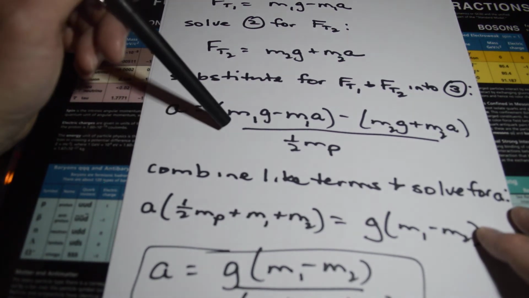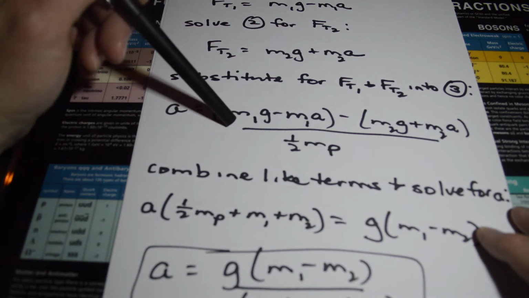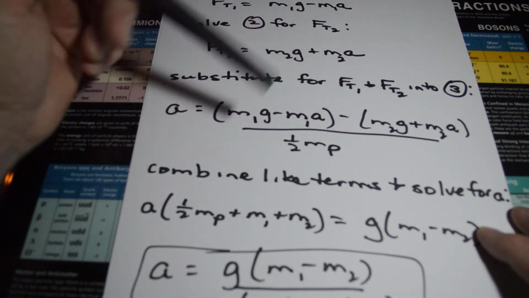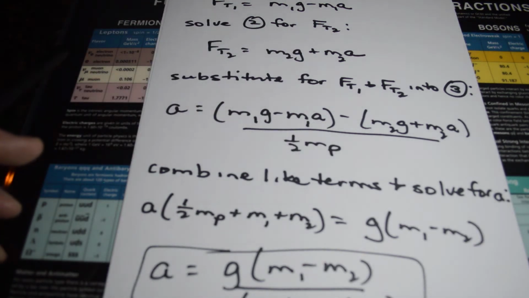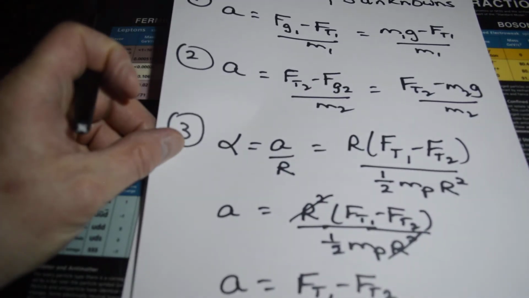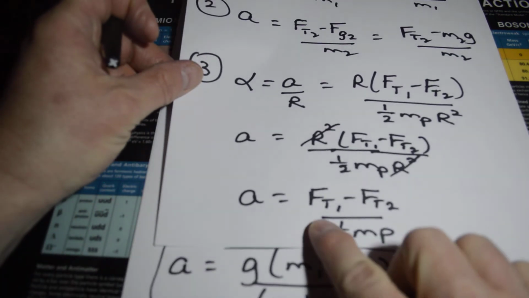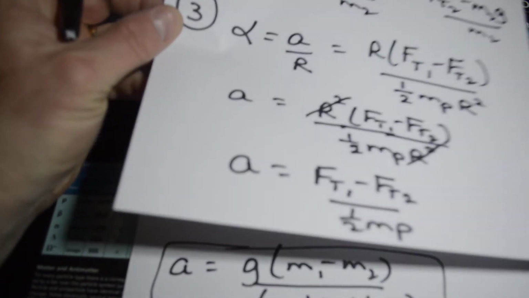A equals FT1 minus FT2 all over 1/2 MP, which is what this equation reduced to: A equals FT1 minus FT2 over 1/2 the mass of the pulley.